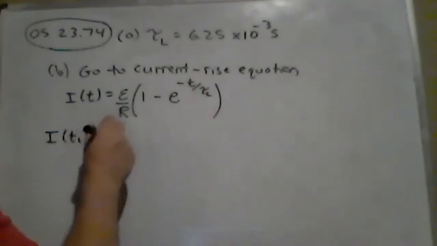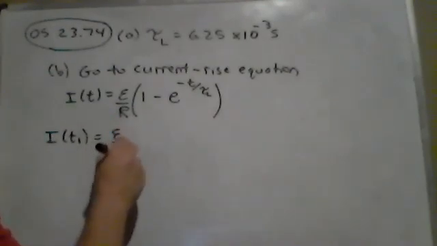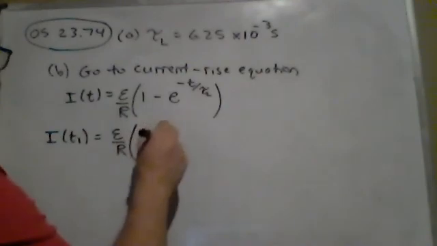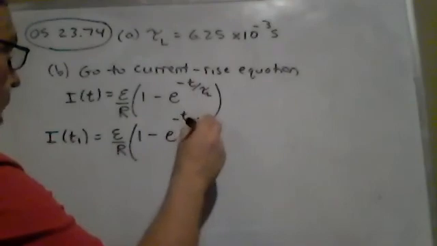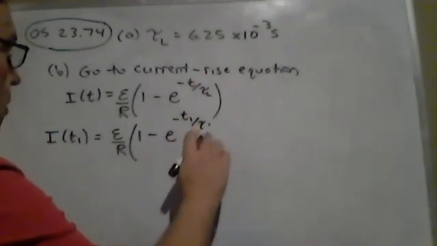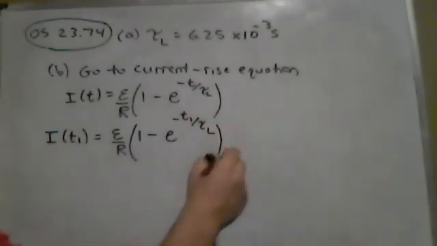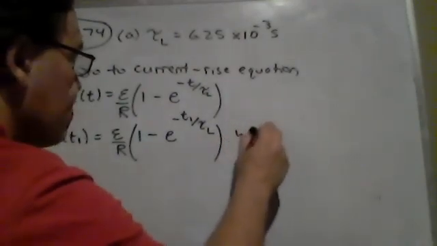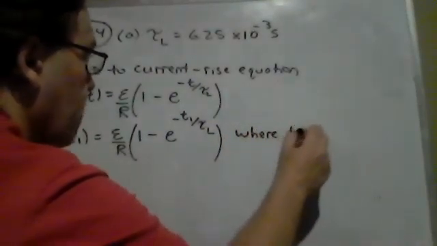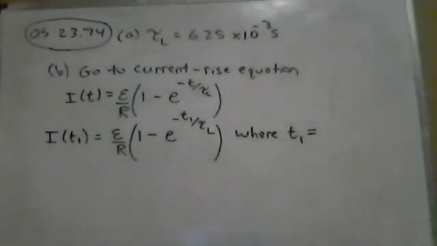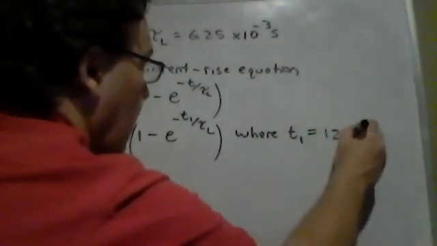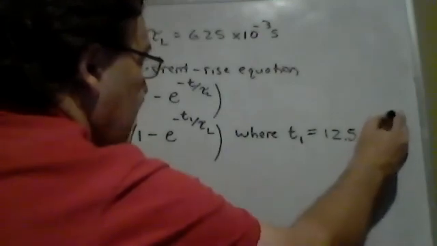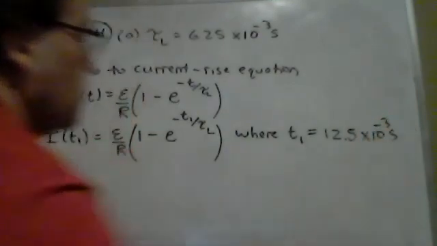That's going to be epsilon over R times 1 minus e to the negative T1 over tau sub L, where T1 is 12.5 milliseconds, stated in the problem, or 12.5 times 10 to the negative 3 seconds.